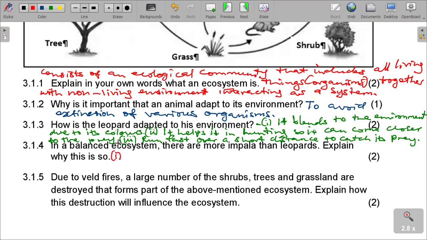One, the impalas are primary consumers and use about 90% of the energy they get from the grass, transferring about 10% to the leopards to consume, and therefore there need to be more impalas than leopards in order to make what? In order to make the system balance.